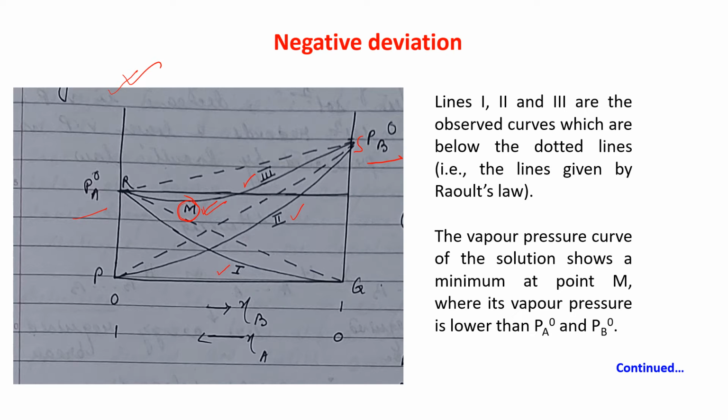This is the vapor pressure curve of the solution which is showing a minimum at point M. That point lies below PB naught or PA naught.